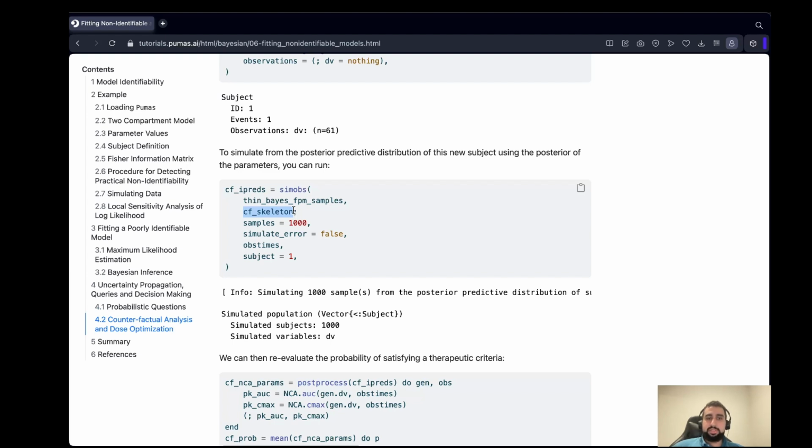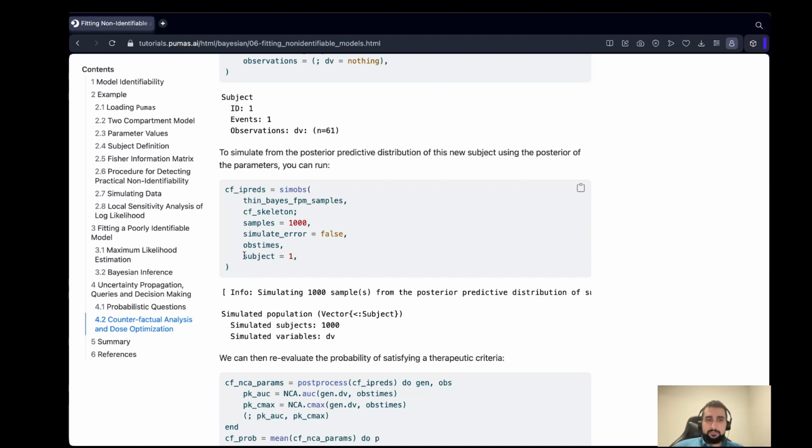So that's an important distinction: when we say subject equals 1 here, if your model has random effects, you would be sampling from the posterior of the random effects, whereas if you don't specify subject equals something in this simobs call, you would be sampling from the prior distribution of the random effects, and still sampling from the posterior of the population parameters.